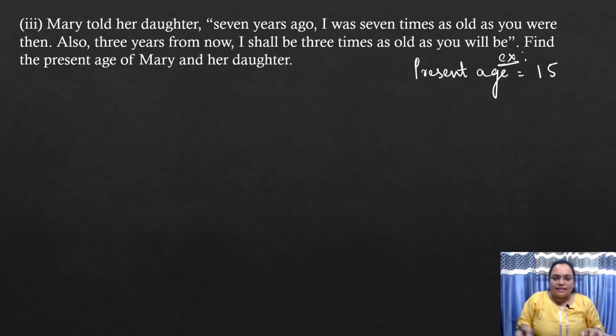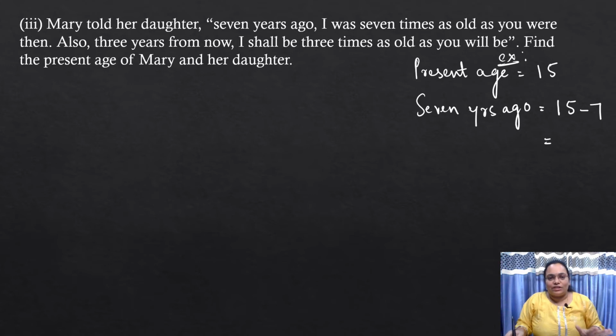If we take this example, let us assume your present age is 15. 7 years ago, how will you calculate your age 7 years ago? If we subtract 7 from our present age, it will be your age, right? So 15 minus 7, which is 8.